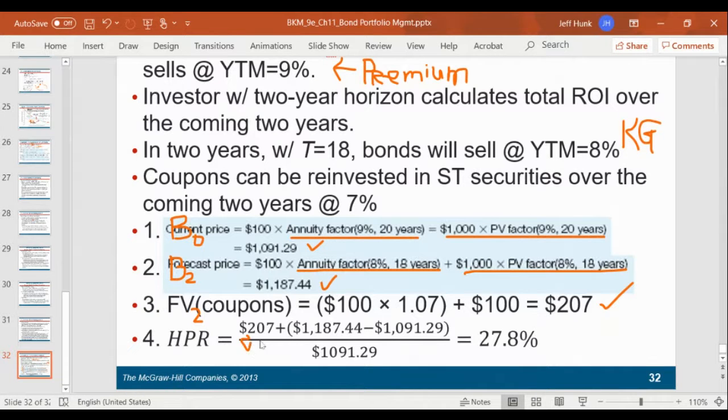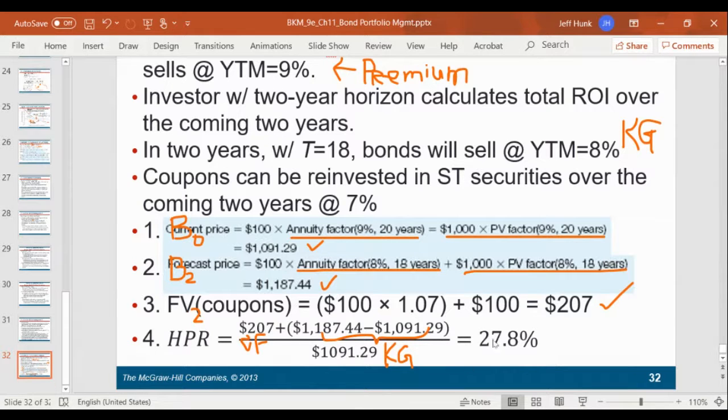This is the cash flow, and this is capital gains, right? So the holding period return will be 27.8%.